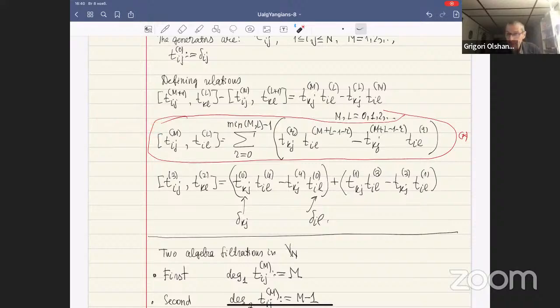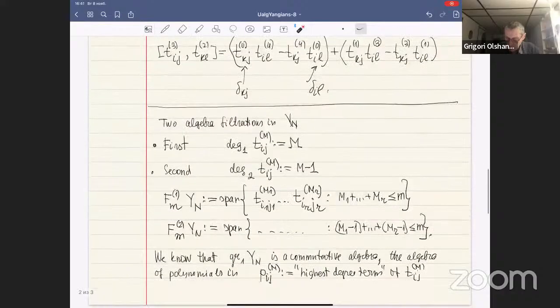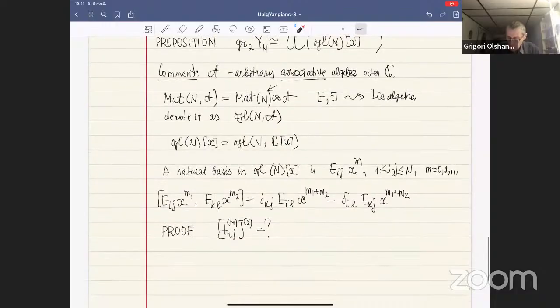And on the left-hand side, the degree is equal to m plus L minus 2.